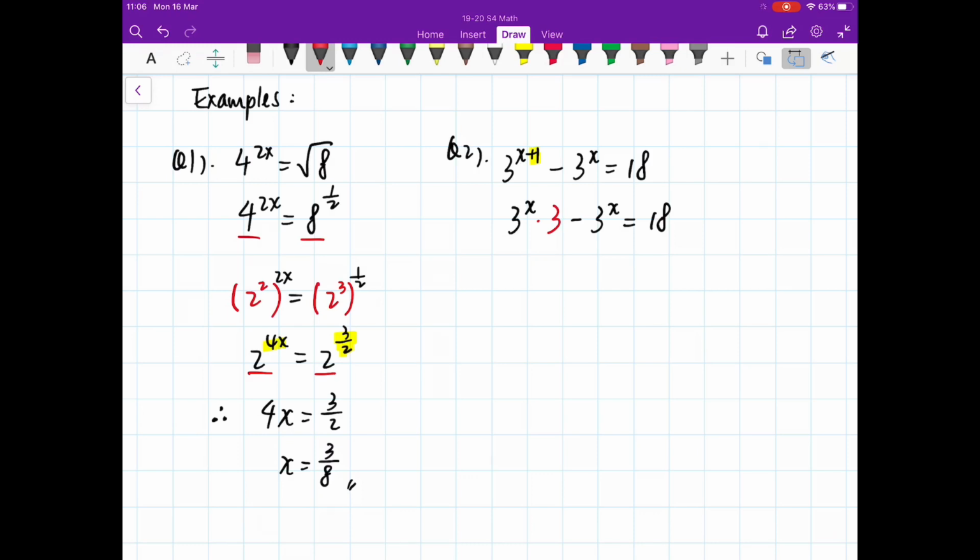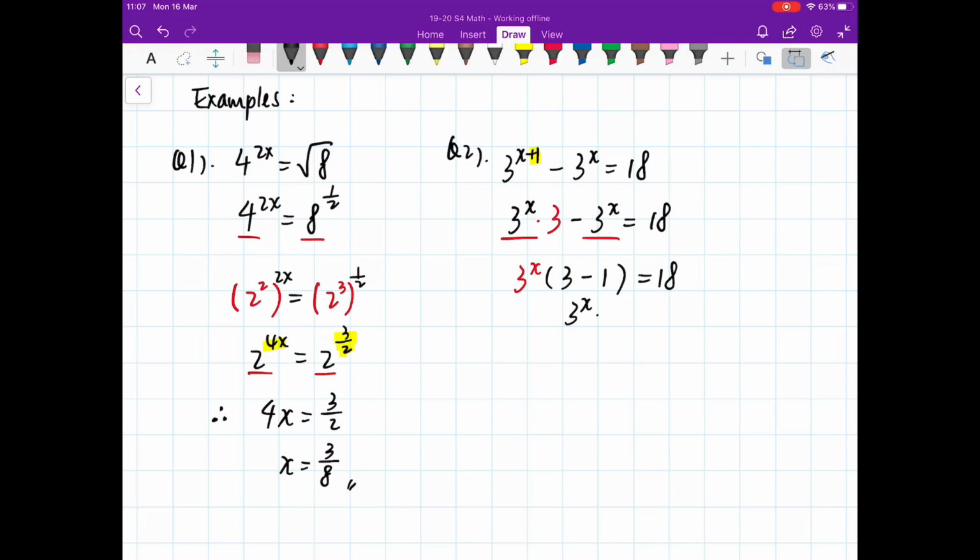Then, as you can see, there are a common factor, common term, that is 3 to the power x. Then we can take it out. Take the common factor out, so that it will become 3 to the power x bracket 3 minus 1 equals to 18.